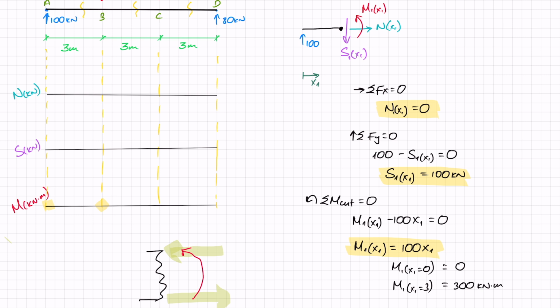So let's start by drawing out my moment diagram, since I've discussed that so much now. I am going to give 300 kilonewton meters here. As I said, I'm drawing it on the bottom because the bottom is in tension, and that's what I do in my sign convention. I go from 0 to 300, and I can see that this is plus.